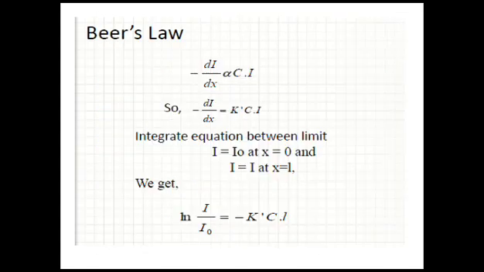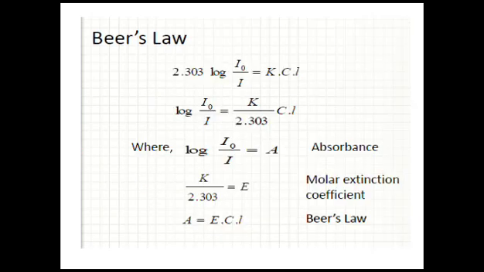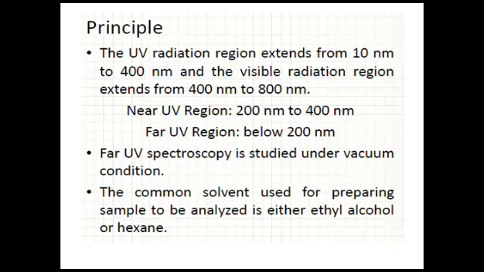Then the equation becomes minus dI upon dx is directly proportional to C times I. We integrate this equation and finally we get A equals epsilon times C times L, where epsilon is the molar extinction coefficient, C is the concentration, and L is the path length of the solution.